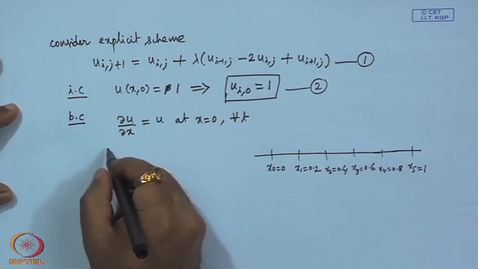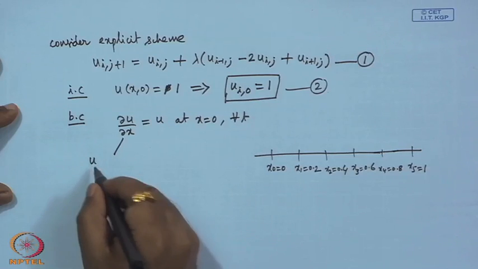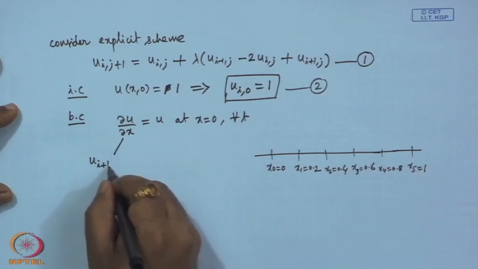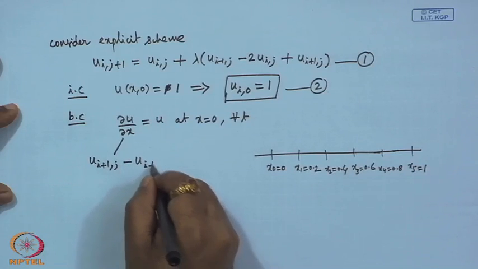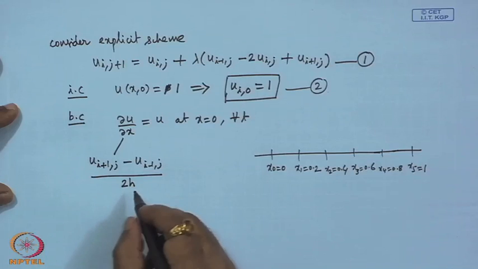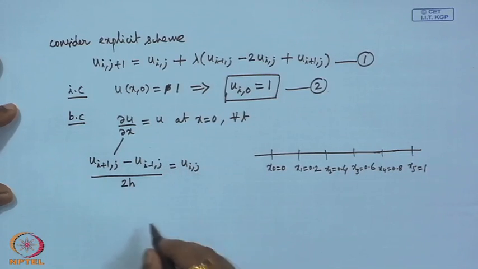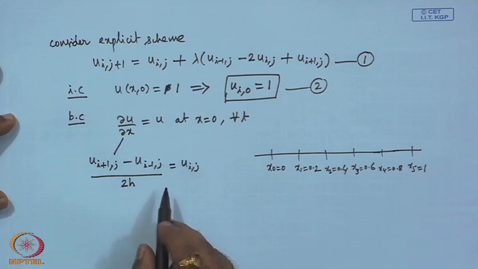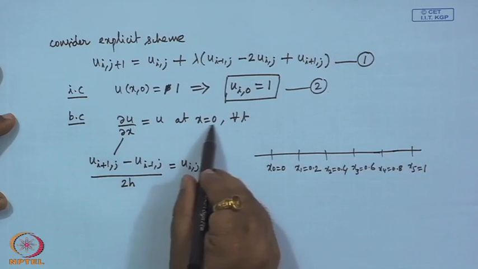So, if we use central, we are going to get u I plus 1 j minus u I minus 1 j by 2h equals u I j. Now, this value is at x equal to 0.